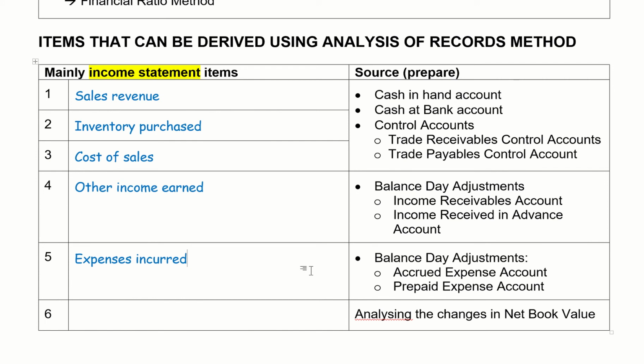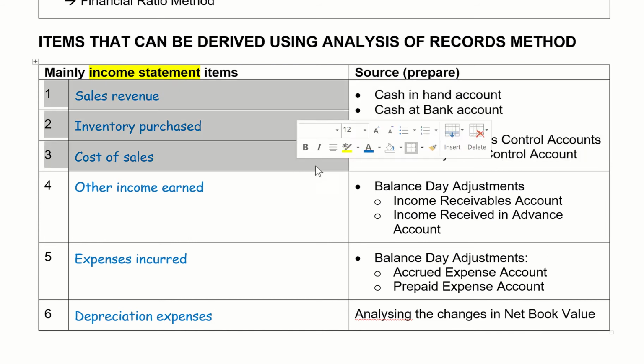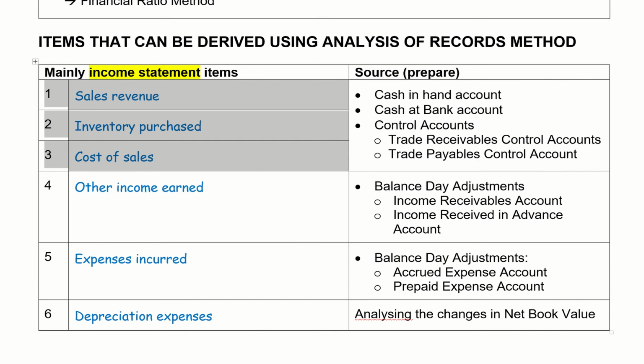Again, this is balance day adjustment, accrued expense account, and prepaid expense accounts. Now, the last item in the income statement is your depreciation expenses. Depreciation expenses can be derived when you analyze the changes in the net book value. Alright, so for today, we are focusing on these three: sales revenue, inventory purchase, and cost of sales.